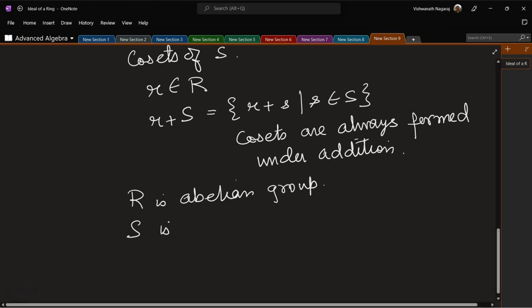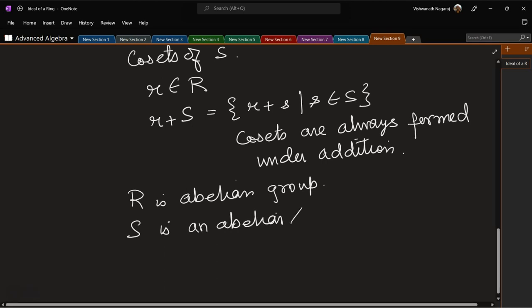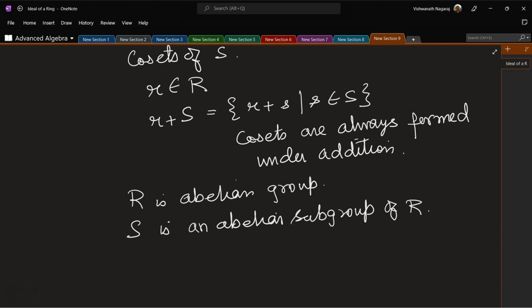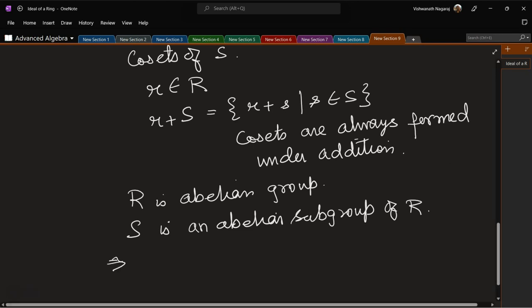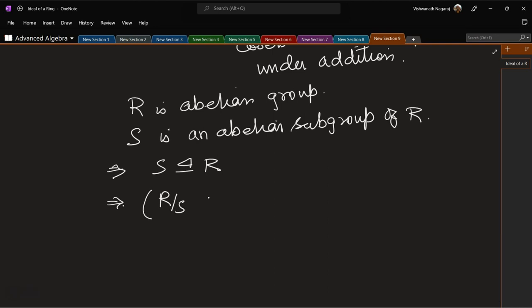S is an abelian subgroup of R. Because if R is abelian, then all its subgroups are going to be abelian, which implies that S is a normal subgroup of R, which implies R by S under addition is an abelian group. Okay.